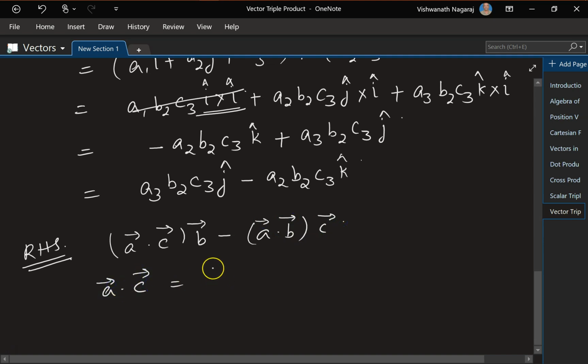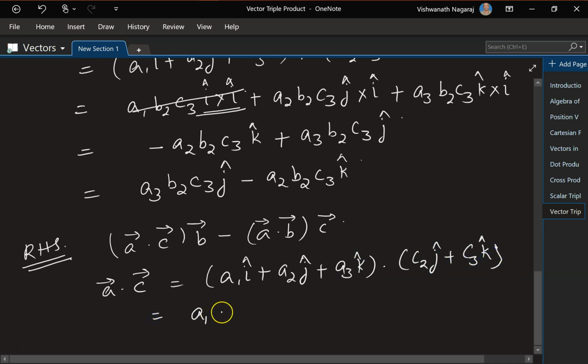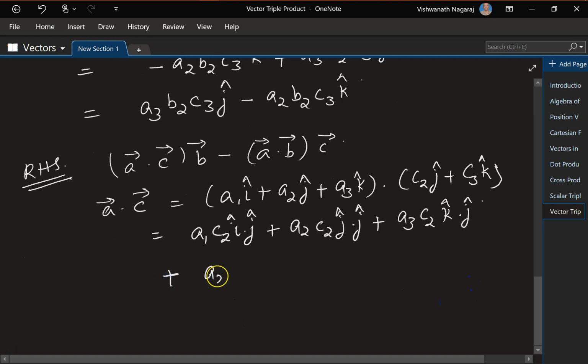A dot C is going to be A1 I plus A2 J plus A3 K dot C2 J plus C3 K. A1 C2 I dot J, remember this is dot product, plus A2 C2 J dot J, because we are talking of dot products, plus A3 C2 K dot J.